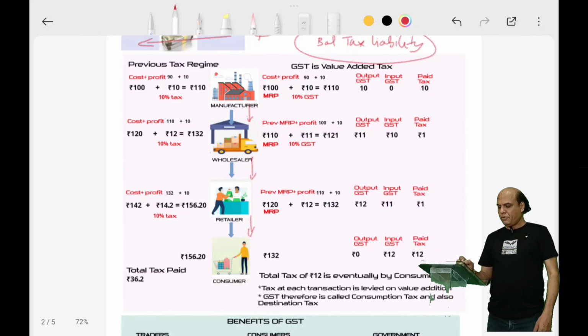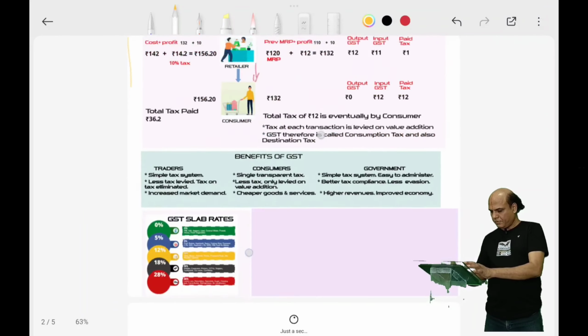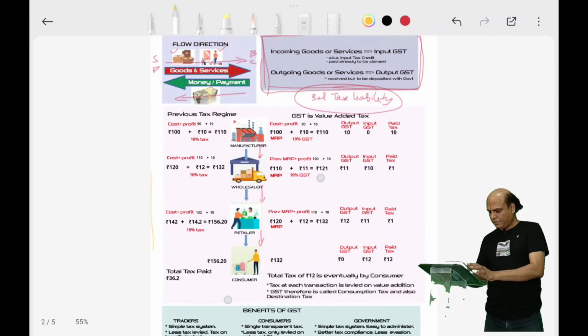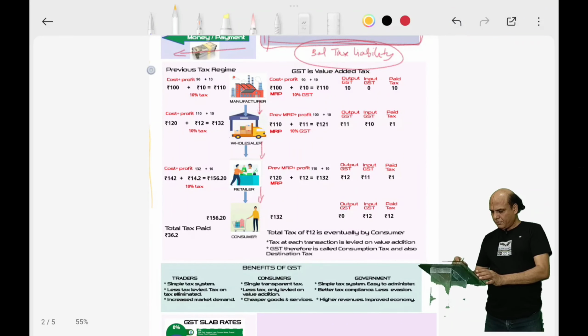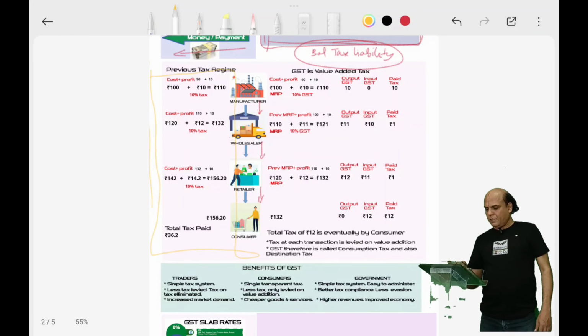Now look at the left side. Okay, pay attention here. Now manufacturer, suppose the cost of goods is 90 rupees and he intends to have a profit of 10 rupees.